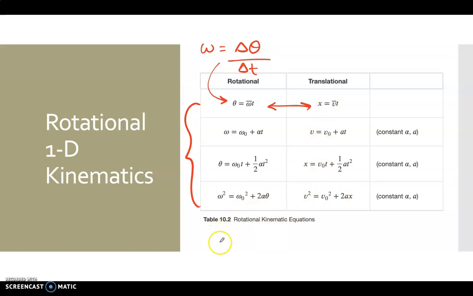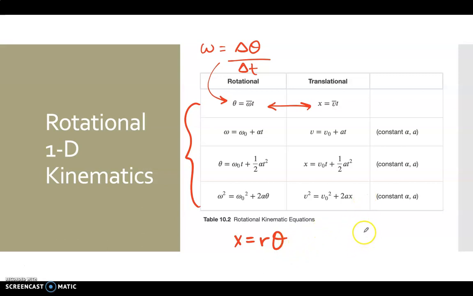One thing to note between these two that's not listed here is that if we want to know some kind of distance and we want to relate it to our rotational motion, it's going to equal our radius times our theta, or angle.